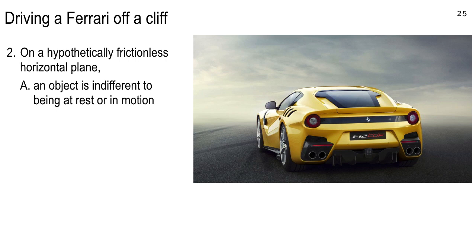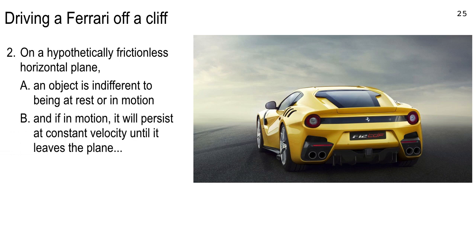It doesn't need a force to stay in motion at constant speed. All right? And it doesn't need a force to stay at rest. So in terms of forces, it's indifferent to those two states of motion. And if it's in motion, it will persist at constant velocity until it leaves the plane. And then it drives off the edge of the cliff.